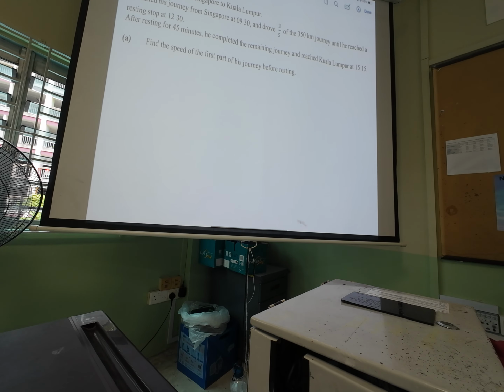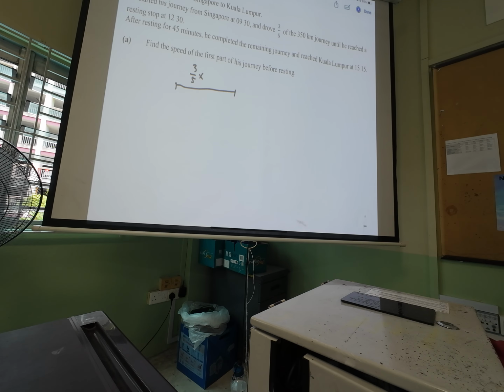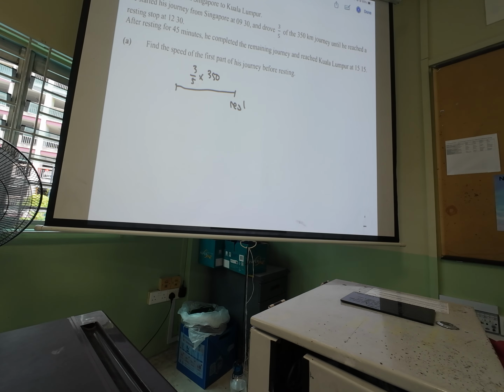Okay, so if I break it down, he started at 9:30. He first drove 3/5 out of the 350 kilometers. He didn't drive the entire 350 kilometers in his first part. Then, after that, he rests for 45 minutes.